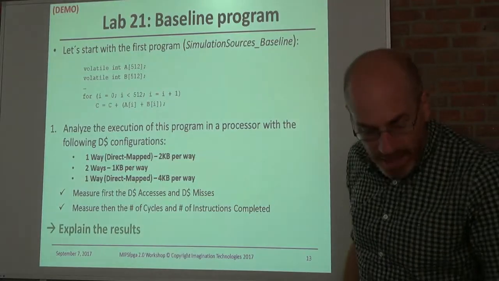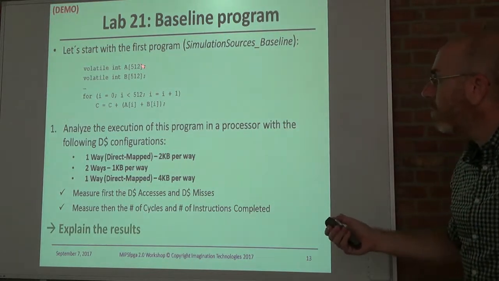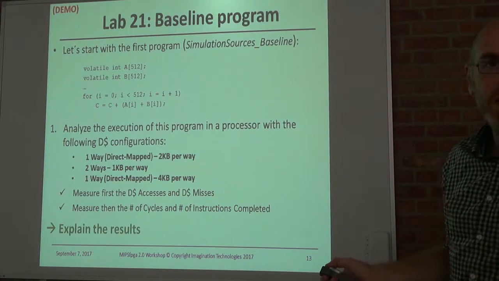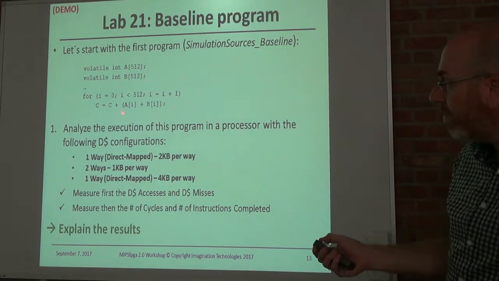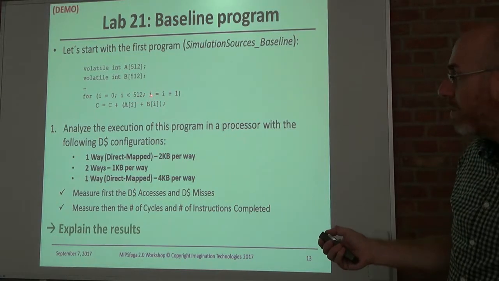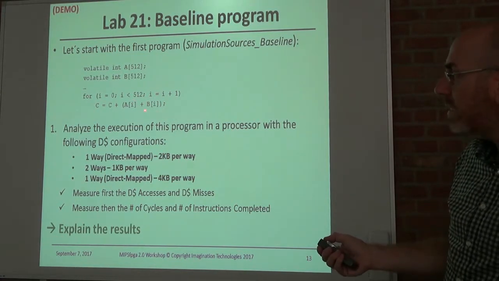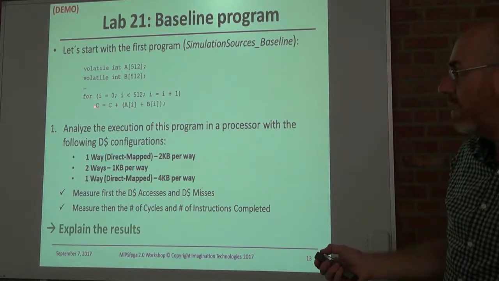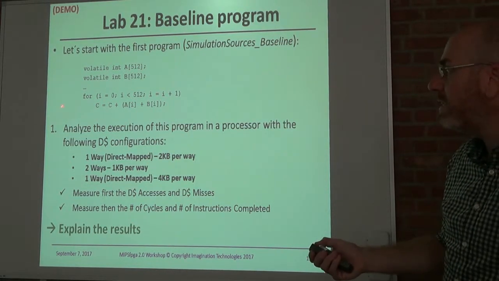We'll start running the first program, which is a very simple program. It's programmed in assembly, but here, for simplicity, we include it in C language. It's a program that reads 2 arrays, adds their elements, and accumulates them into C.